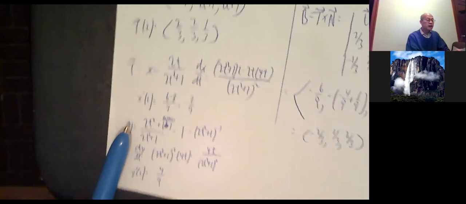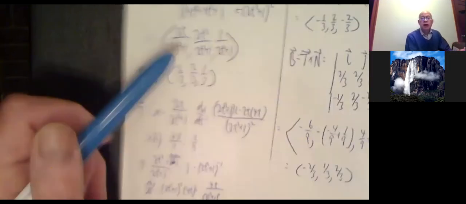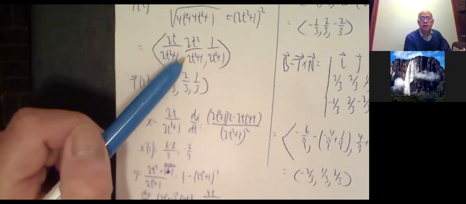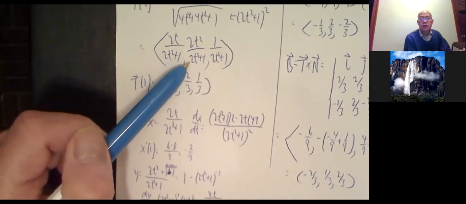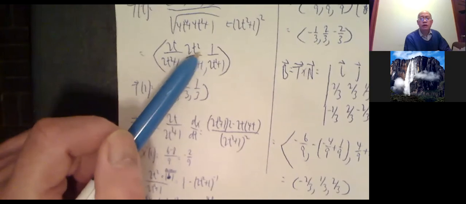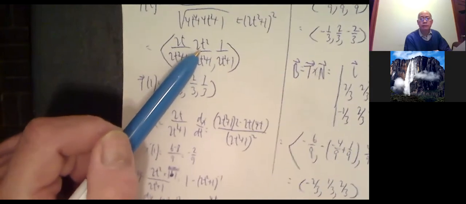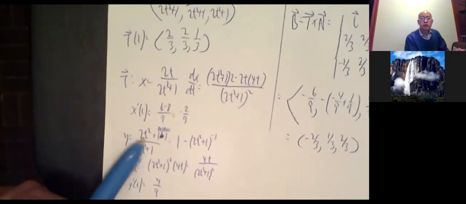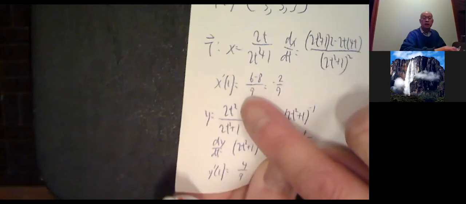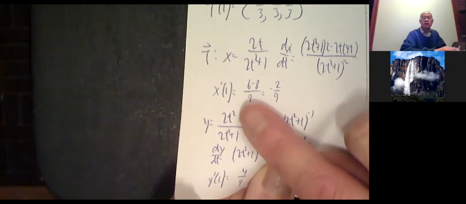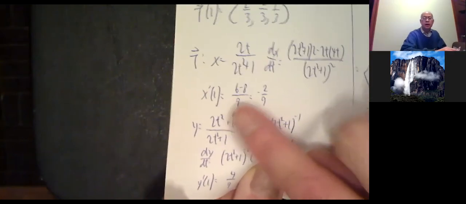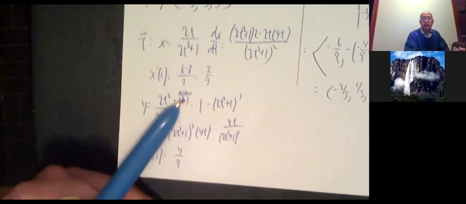For y, and this is kind of nice, rather than differentiating 2t squared over 2t squared plus 1, here's the trick. Add 1 and then subtract 1 in the numerator. So it's 2t squared plus 1 minus 1. In other words, that's what I had, 2t squared divided by 2t squared plus 1, and now I'm adding 0, plus 1 minus 1.